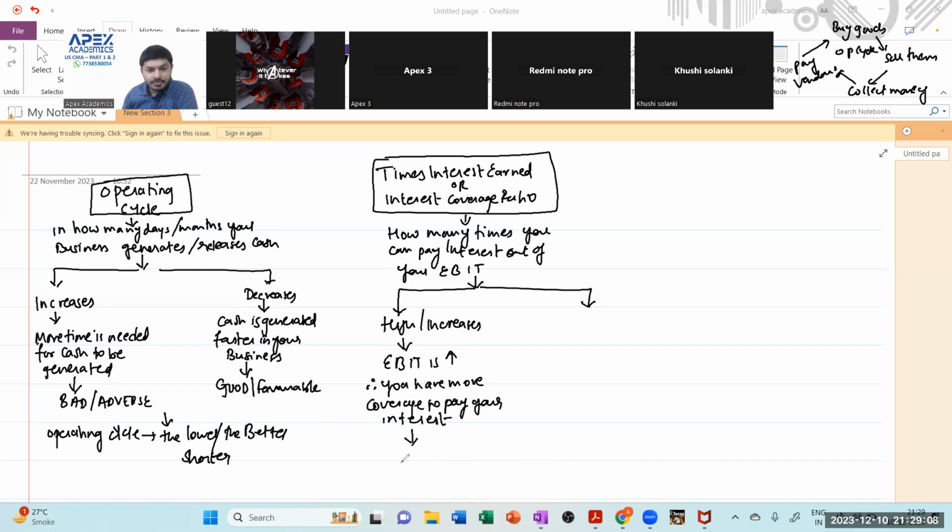So, this is good, or this is favorable. If this is low or this falls, this shows you that EBIT is falling. Therefore, you have lesser coverage to pay your interest.